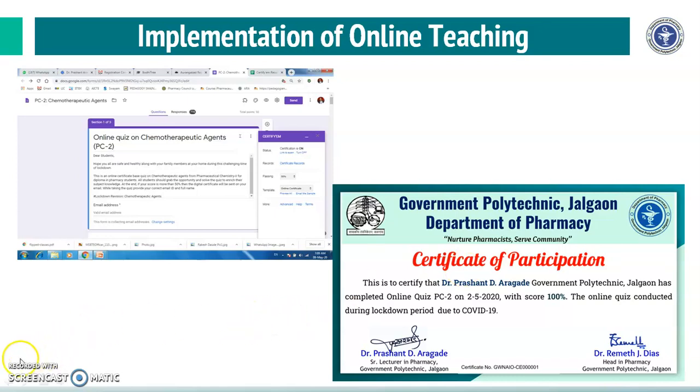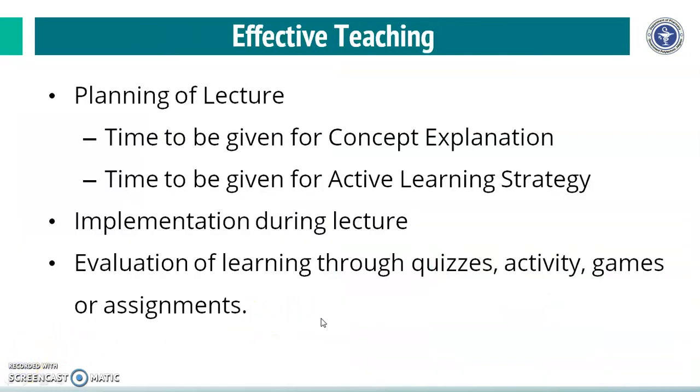So if you want an effective teaching learning process, the first part is the planning of the lecture. How much time you are going to devote to explaining your concept needs to be planned. Then which active learning strategy you are going to implement in the classroom needs to be finalized.